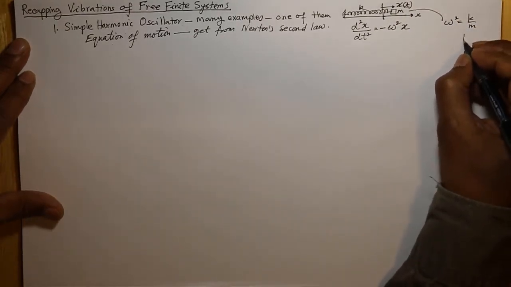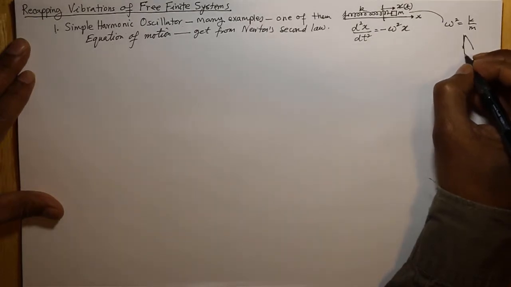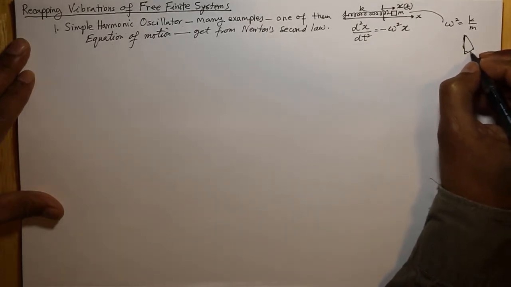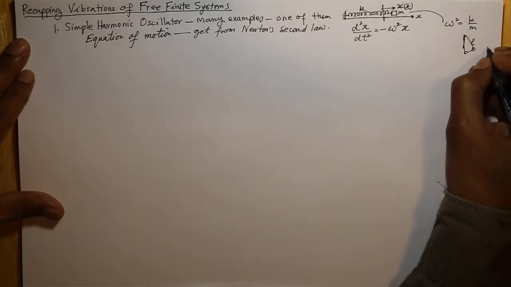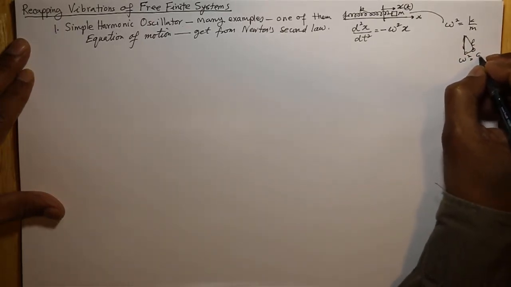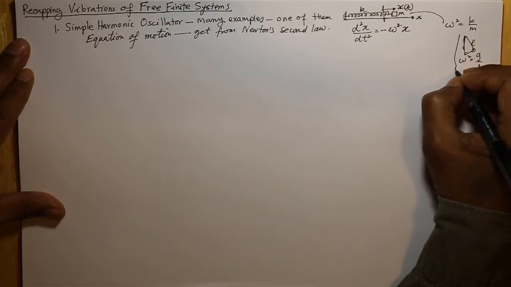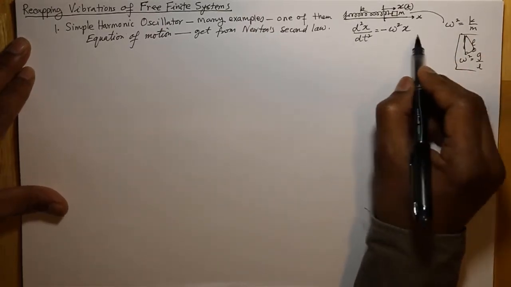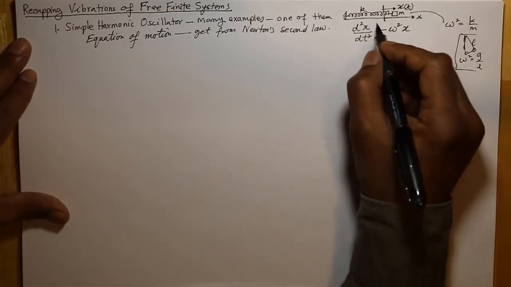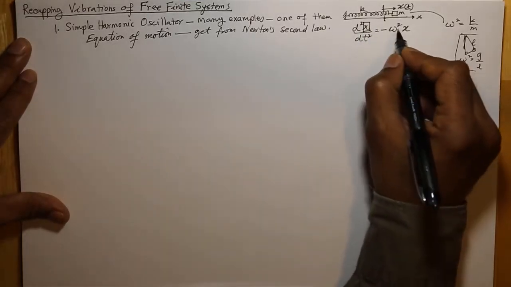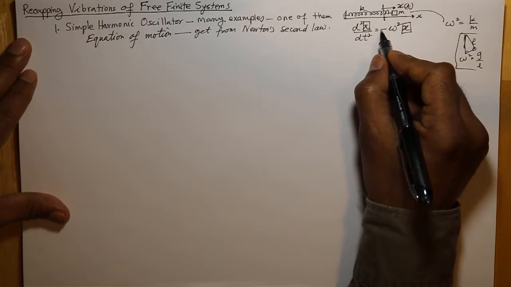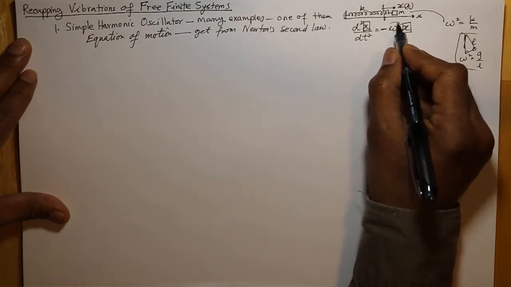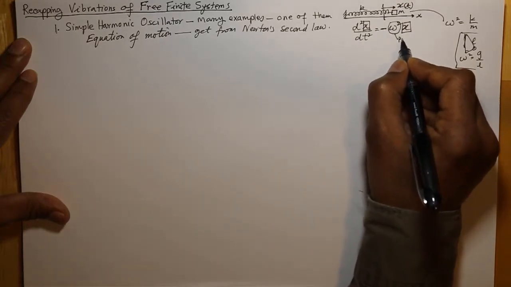If you have a pendulum, in a small oscillation of pendulum, omega squared is g over L. Other systems will relate to other properties, but all have this kind of equation where you have a dynamical variable proportional to itself, with a negative sign, and this is a positive number.